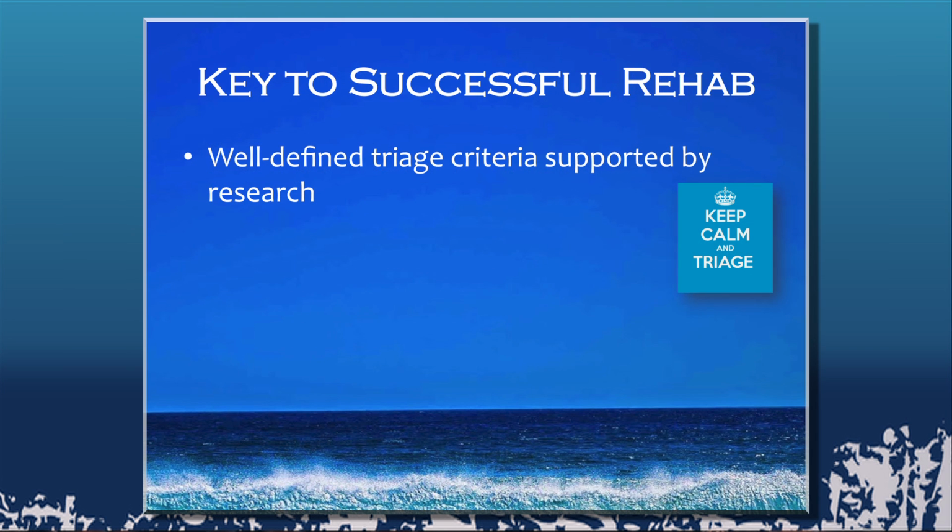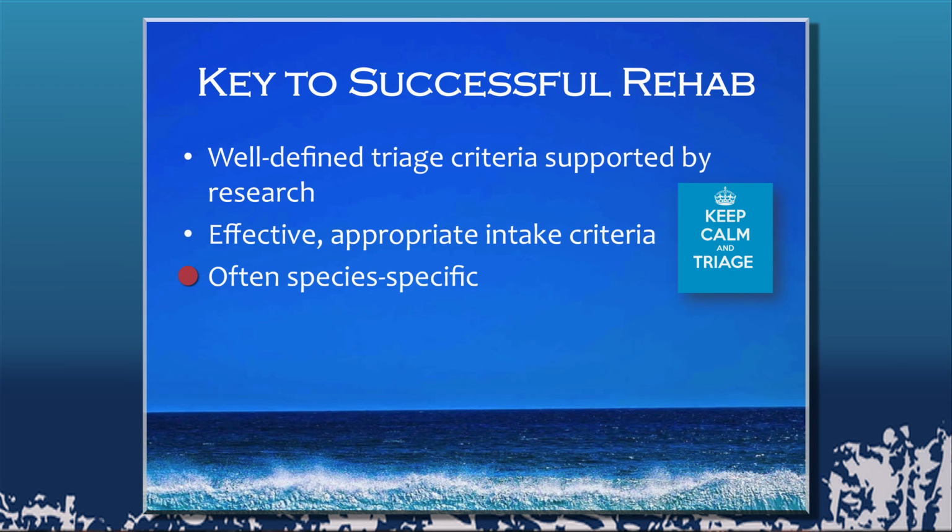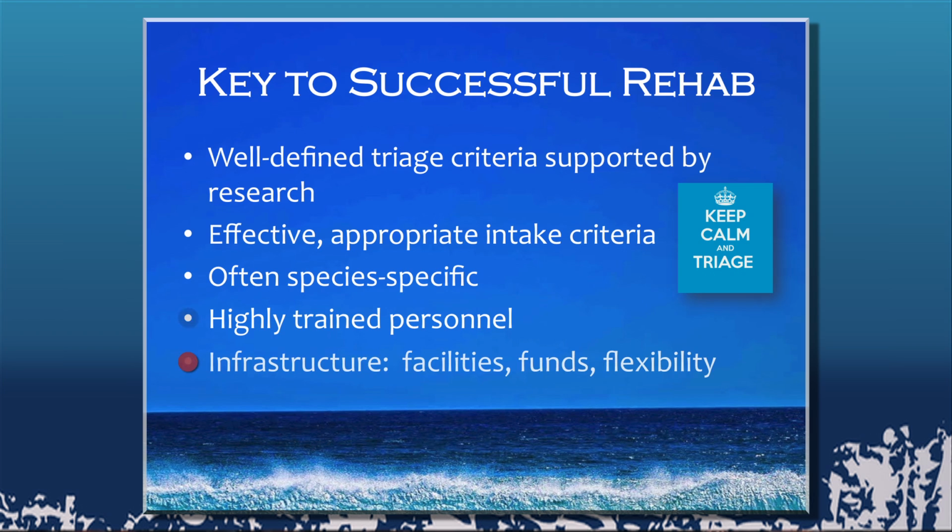So again, the key to successful rehab is a well-defined triage criteria, which is supported by research, effective, appropriate intake criteria, which is often species-specific. You need highly trained personnel and lots of infrastructure, including facilities, funds, and flexibility, and usually a lot of those things.